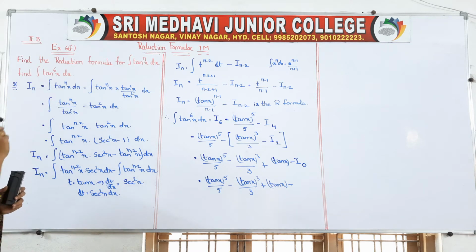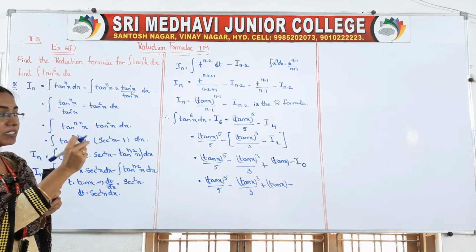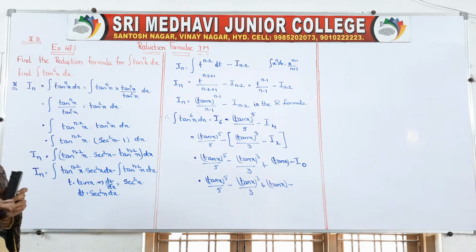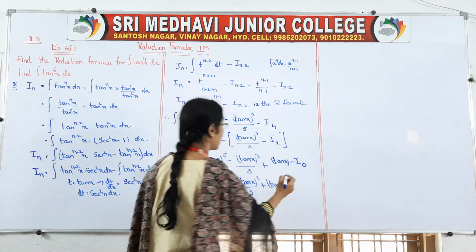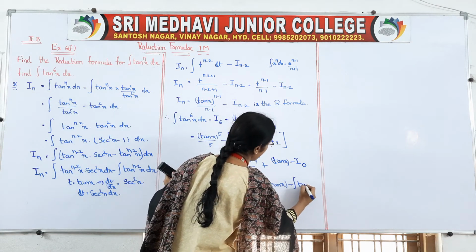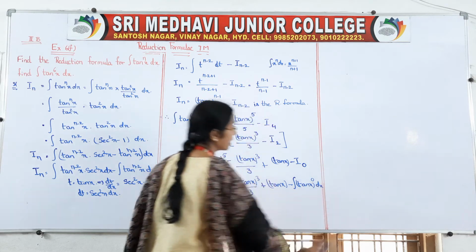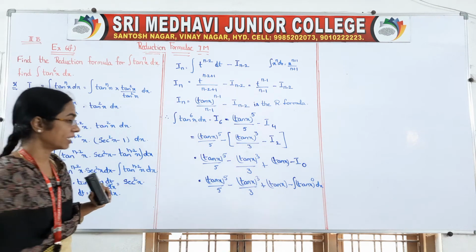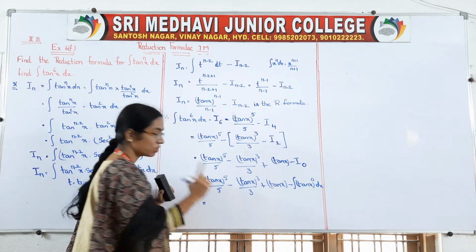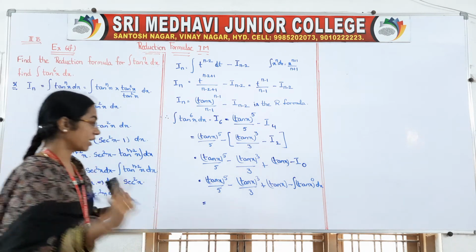If power is n, we have taken I_n. If it is I_0, the power will be 0. So what is that value? Integral tan x to the power of 0 into dx we have to find. Any value to the power of 0 is equal to 1, right?